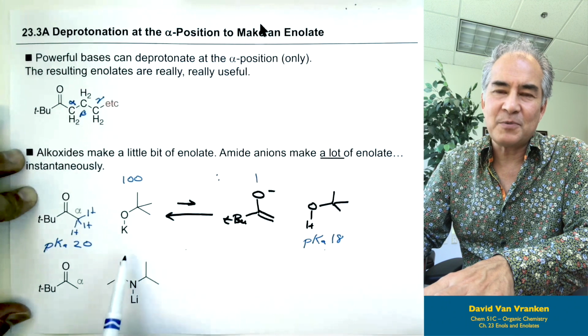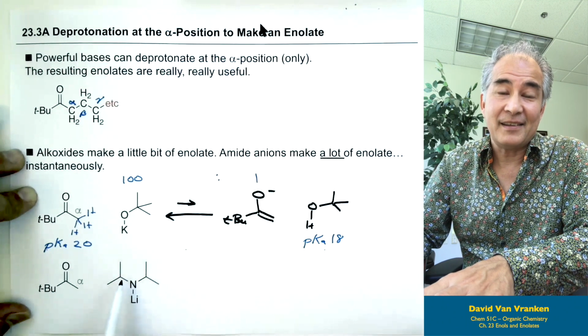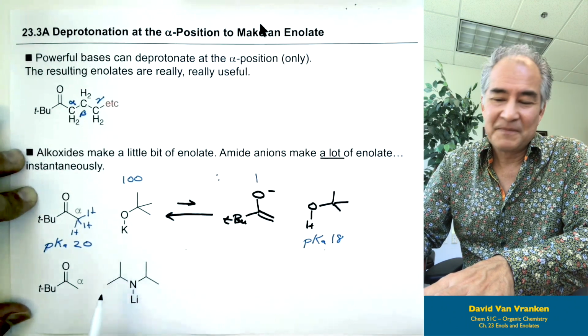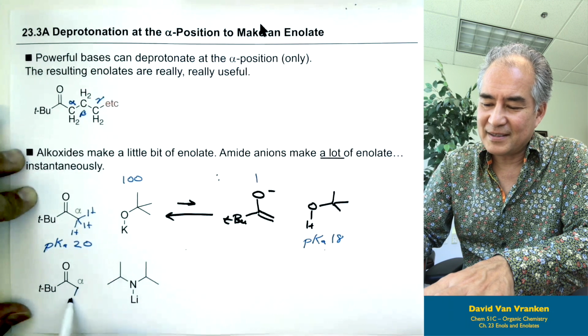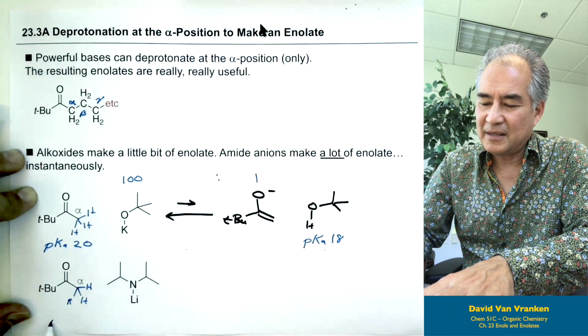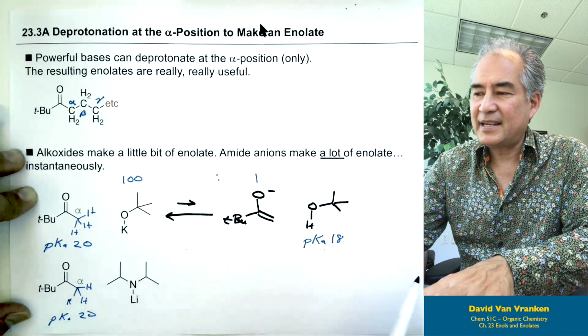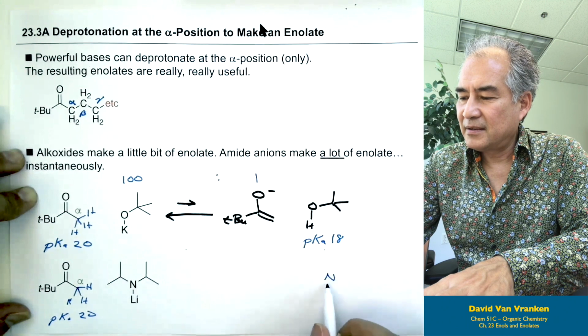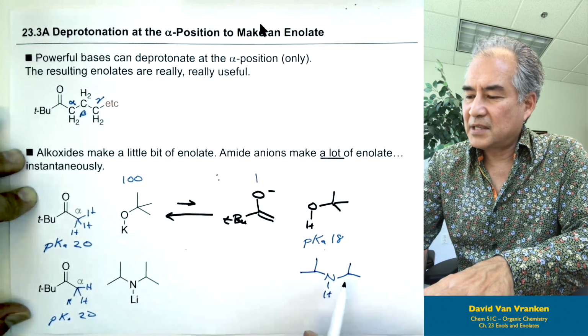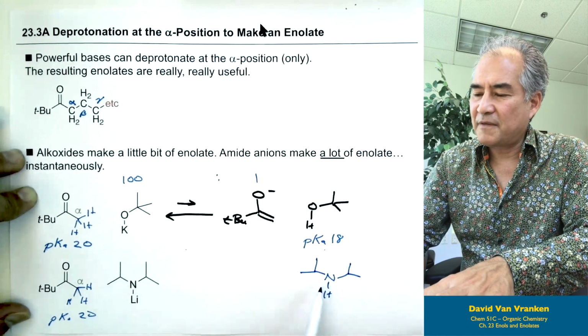Let me show you what happens when you use a good base, like lithium diisopropylamide. The pKa of these protons is not any different. It's the same molecule. It still has a pKa of 20. But let's look at the conjugate acid that you generate once the diisopropylamide anion pulls off a proton.